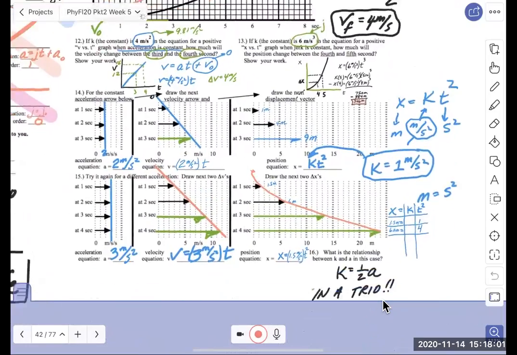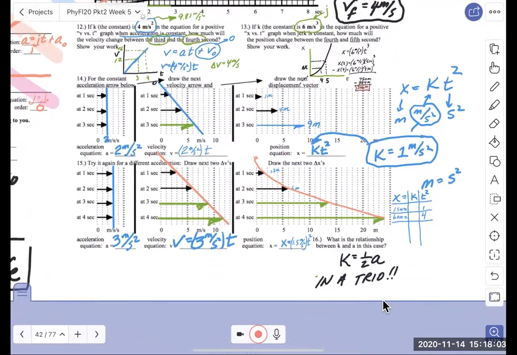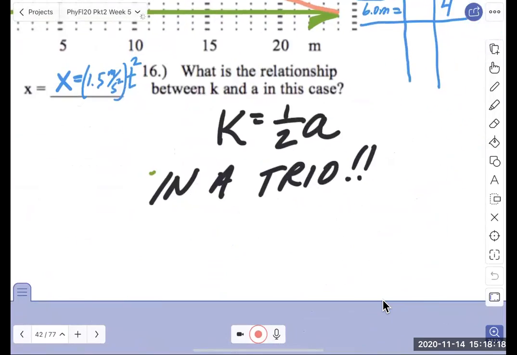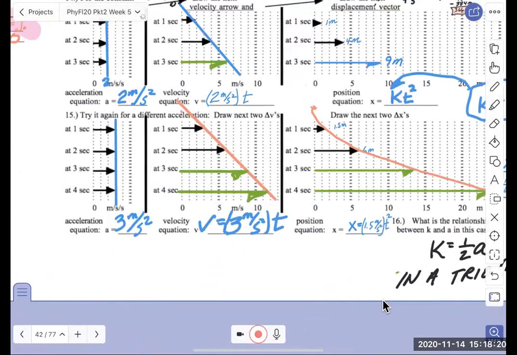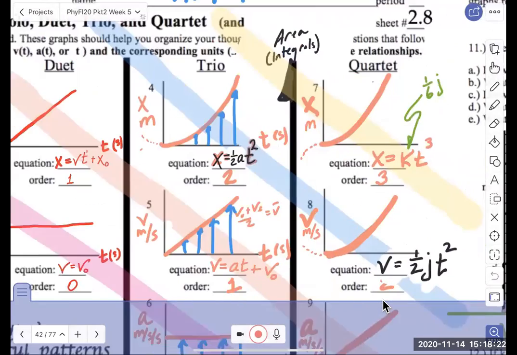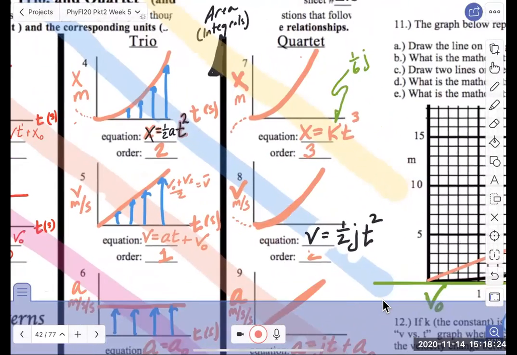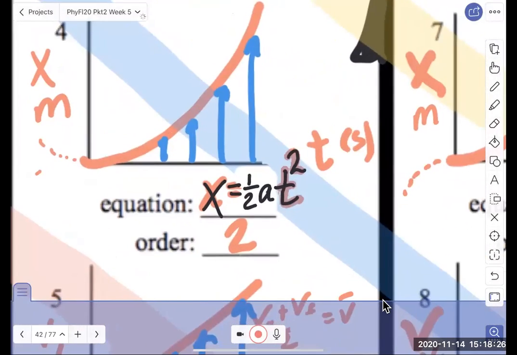And on Thursday, we did a lot of looking at vectors through time. These are basically like 14 and 15. They're basically trios on their side. And from this, we found out that K equals 1/2 A. So we came back over here on this trio, and we had X equals KT squared.